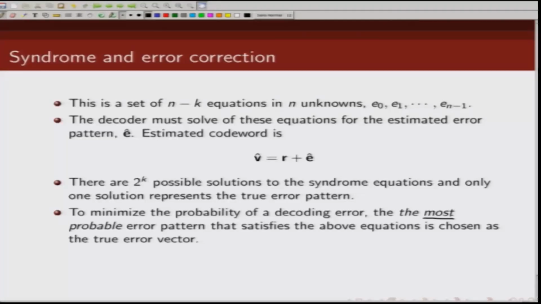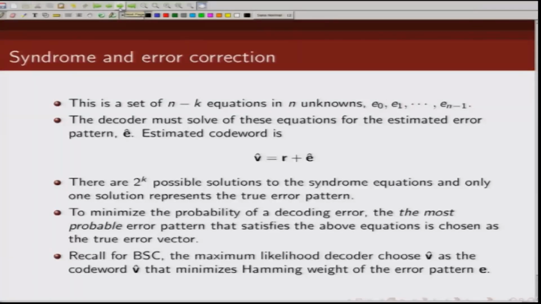When we try to minimize the probability of error, we want to choose the most probable error pattern from those 2^k solutions. In previous lectures we did an exercise and showed the decoding rule for maximum likelihood decoding for a binary symmetric channel.